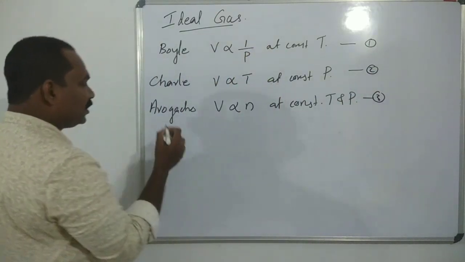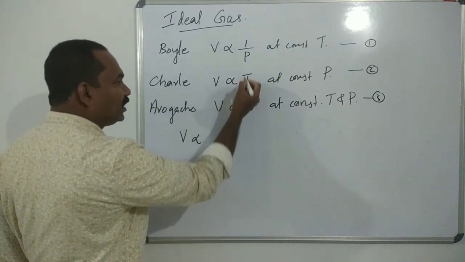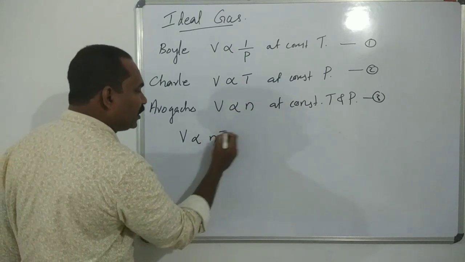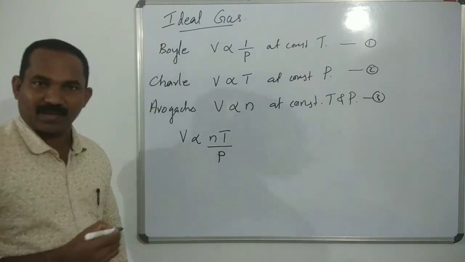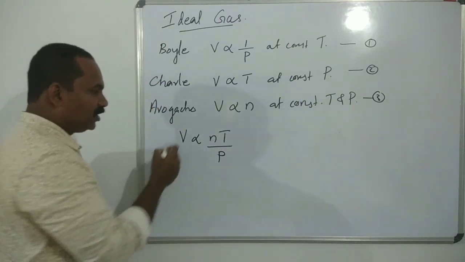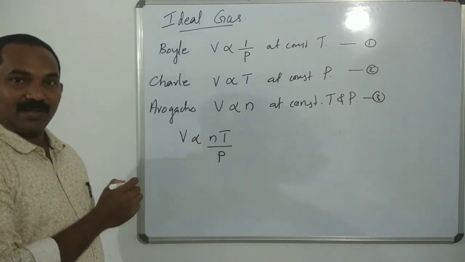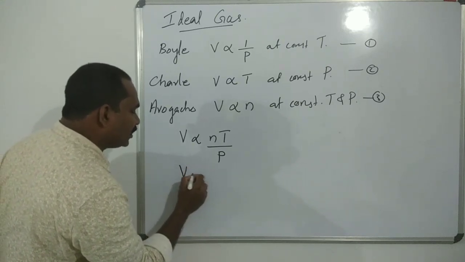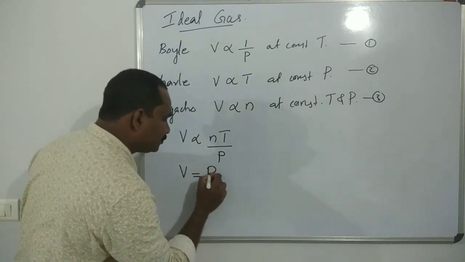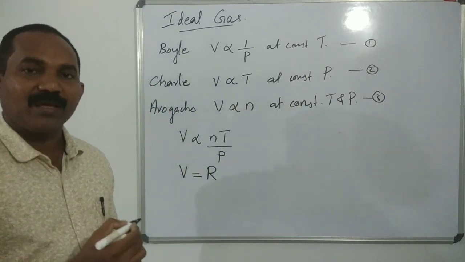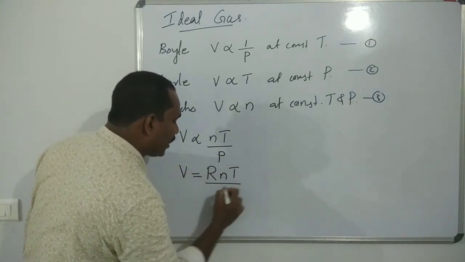From 1, 2, 3, let's write V is directly proportional to T, n directly proportional, so n into T, and V is inversely proportional to P. So V is directly proportional to nT by P. The proportionality is removed by a constant R. As earlier we put constant K, here we write R: V equals R n T by P.